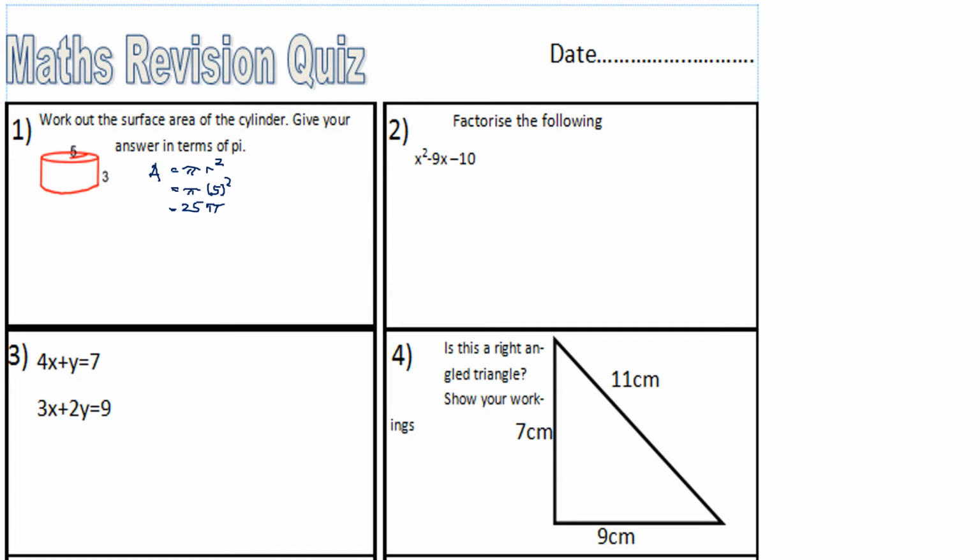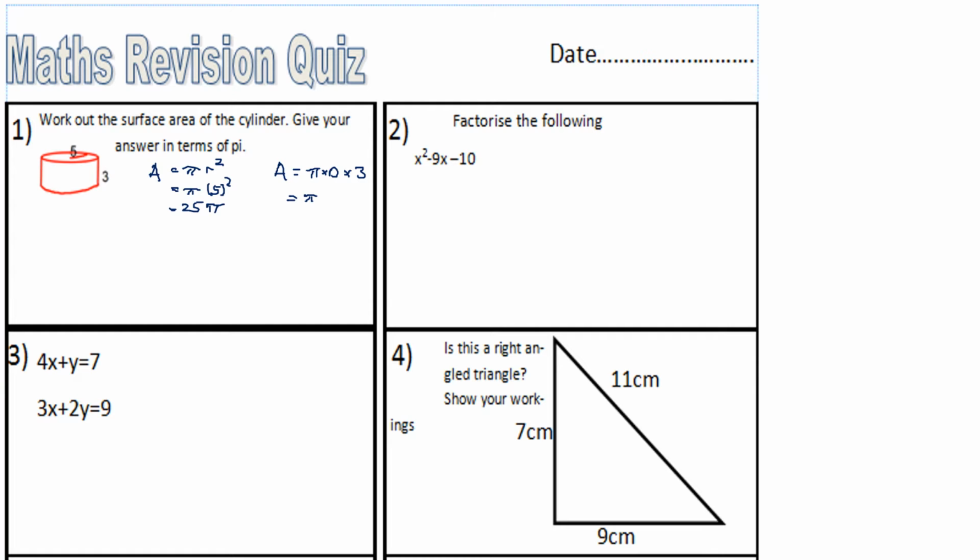Right, okay, so the side then, the curved side, that is going to be the height times by the length of that, which is going to be the circumference of the circle, remember, okay? So the area of the curved side is going to be the circumference of the circle, so pi times d, times by the height, which is 3.